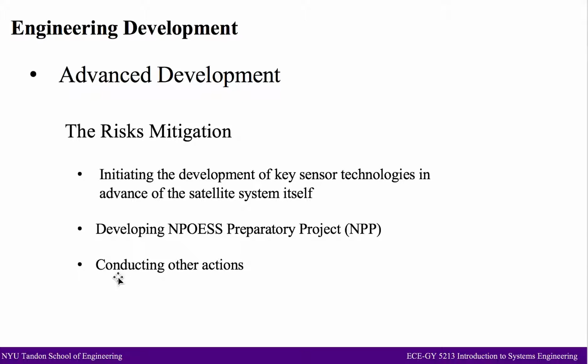The program office has also continued to work on various other risk reduction activities, including learning from experience with sensors on existing platforms, including NASA research satellites and the NPOESS Airborne Sounder Testbed.